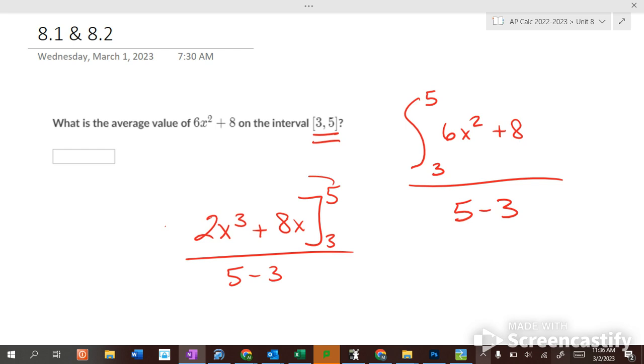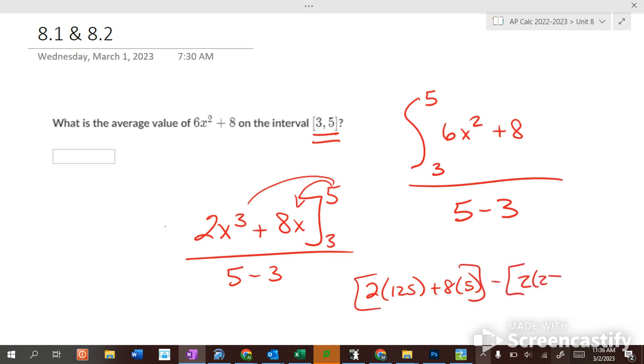So if we put in the 5, we get 2 times 125 plus 8 times 5 minus 2 times 27 plus 8 times 3 all over 2.